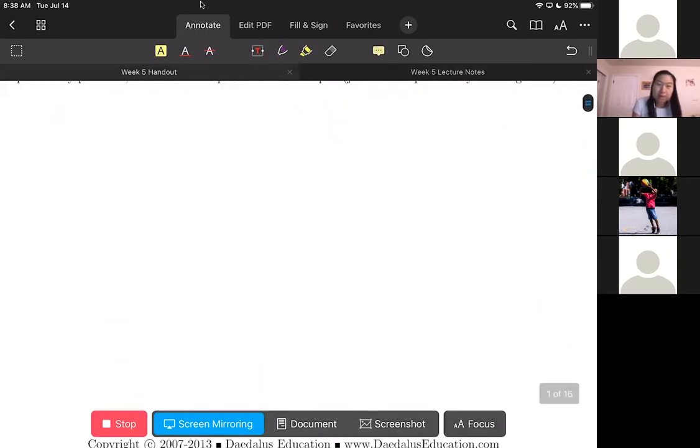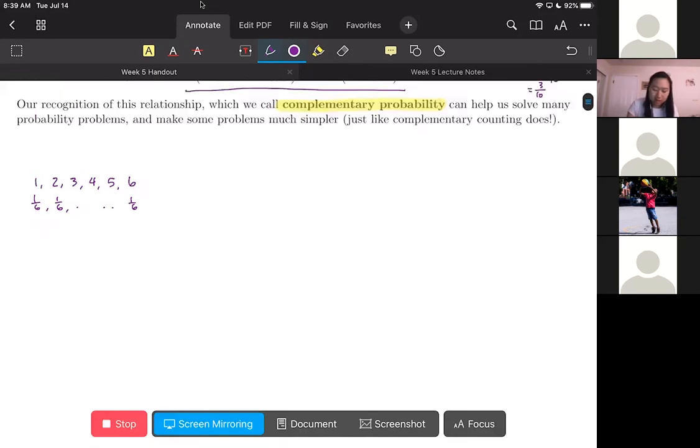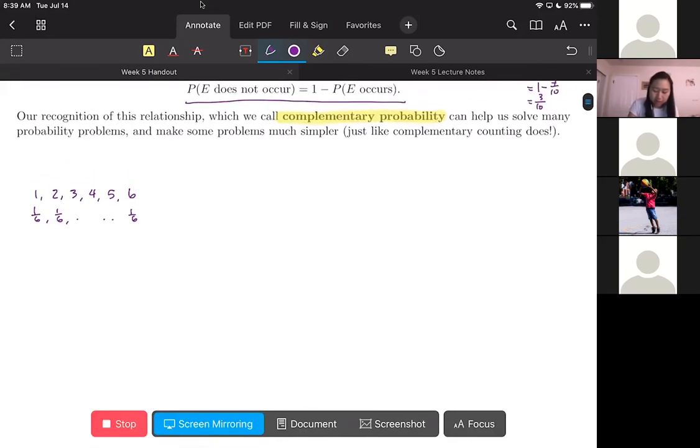So say we're rolling a die, and again, you can roll 1, 2, 3. And the probability of rolling each one is 1/6. So we could generalize this identity in a couple ways. But first, let's say we want to calculate the probability that you roll a 6.